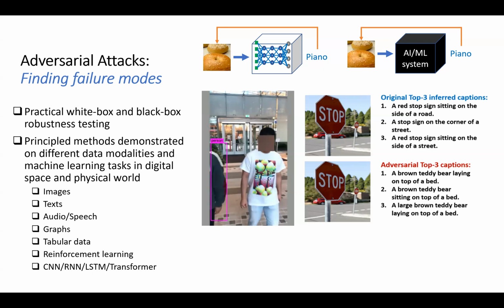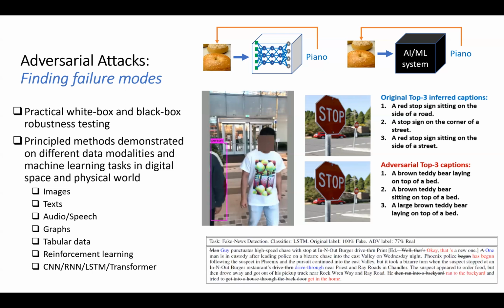Another use case is that we can use this tool to understand how easy it is to evade the prediction of our detector, like a fake news detector or spam detector. For example, given a text paragraph, an adversarial attack can try to modify a very small number of words or sentences while preserving the semantic meaning, and try to evade the prediction of a fake news detector.